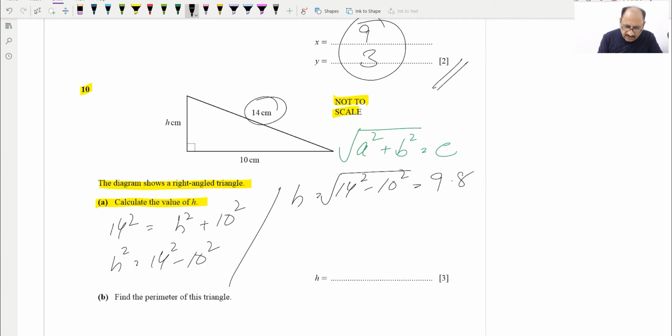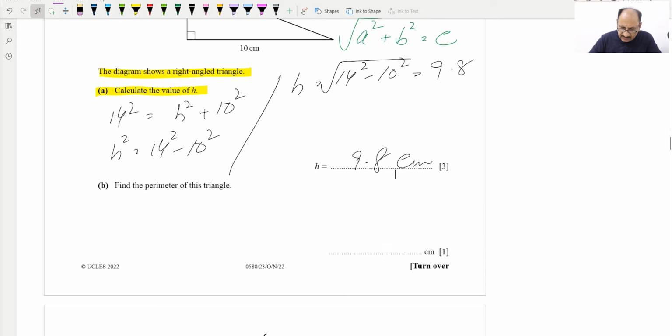So 9.8 centimeters, because everything else is in centimeters, we have to write it since it's not written there. This is 3 marks. If you don't write centimeter, they will penalize and deduct marks.